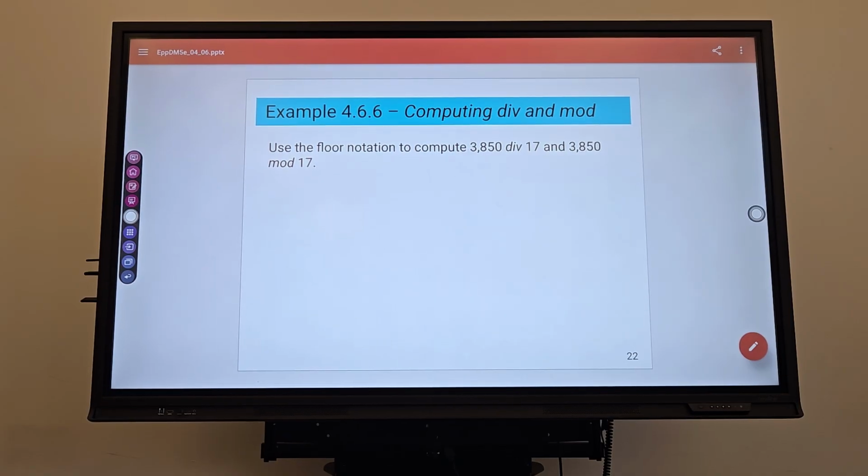Use the formulas to compute 3850 div 17 and 3850 mod 17. I'm not going to go through all that right now.